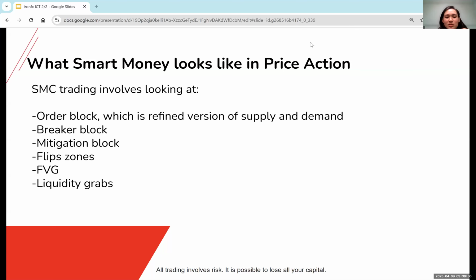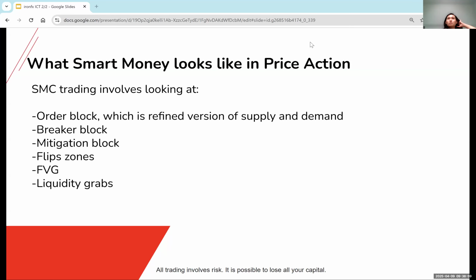So that's why we talk about liquidity pool manipulation. Smart money drives price into these areas to grab your stop orders, create liquidity, enter positions at better prices, and then they reverse the market. That's where you have your manipulation.